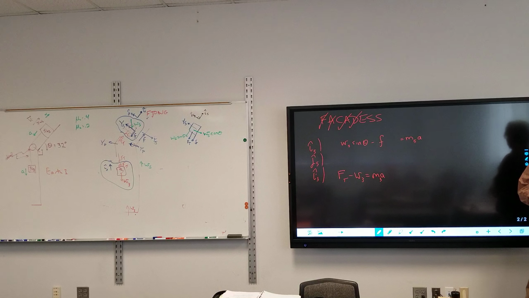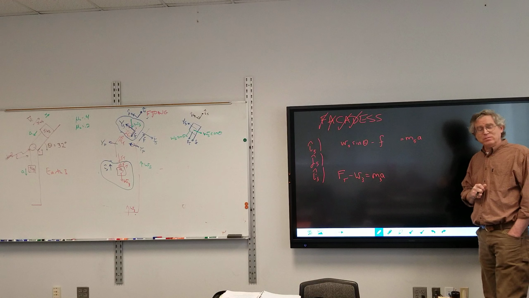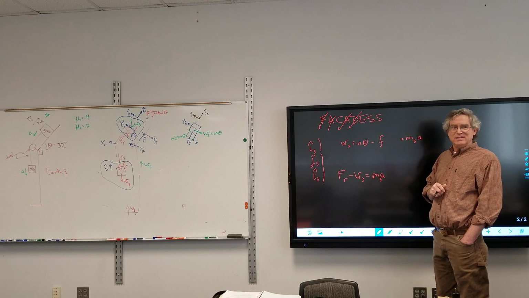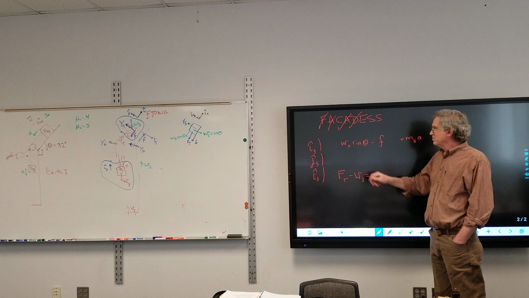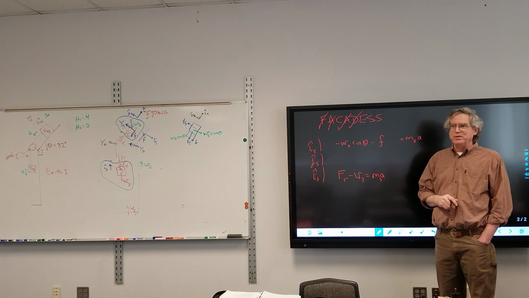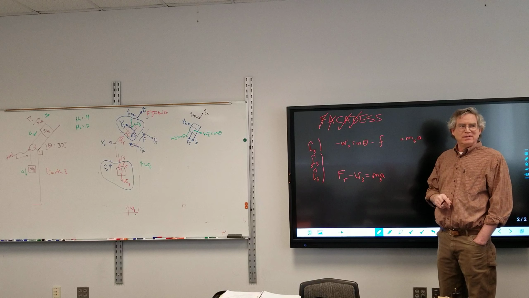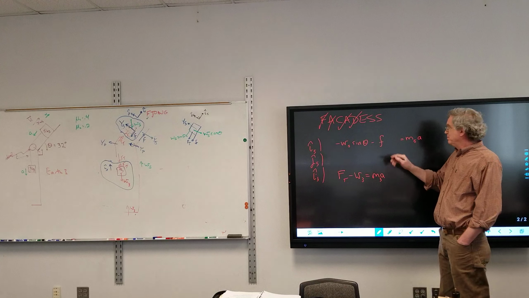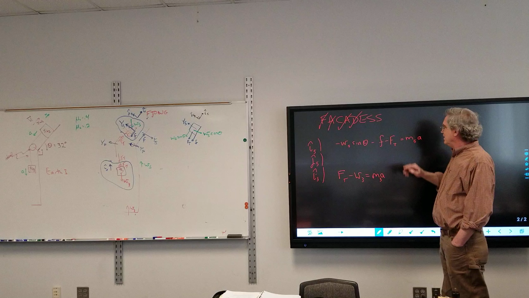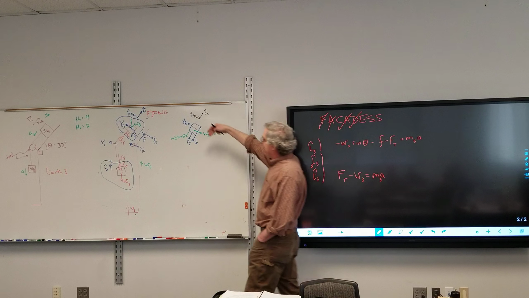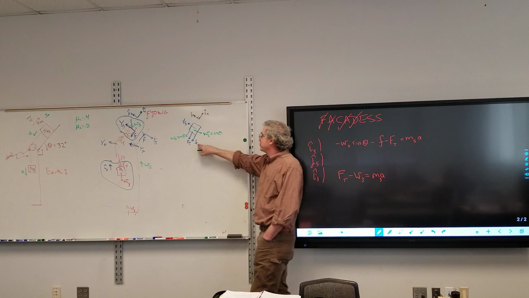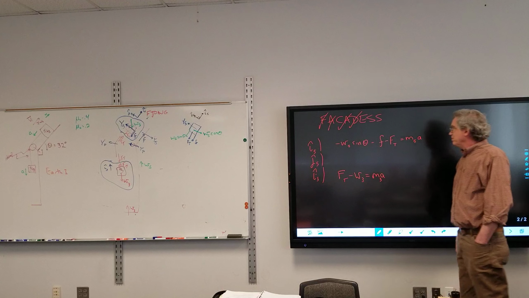They're all going opposite of I-5, so they should all go negative. That's one issue. And then there should be tension. Yeah, minus FT. Yeah, there are three forces in the negative I hat direction. All right, there we go. Now we're good.